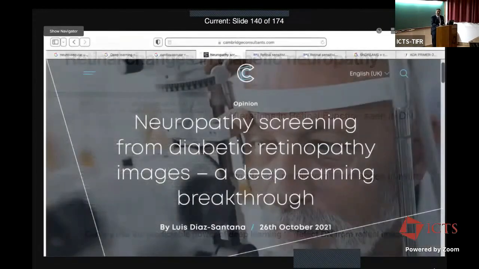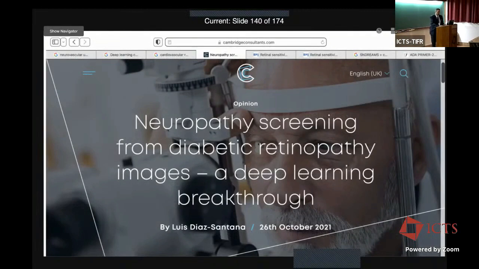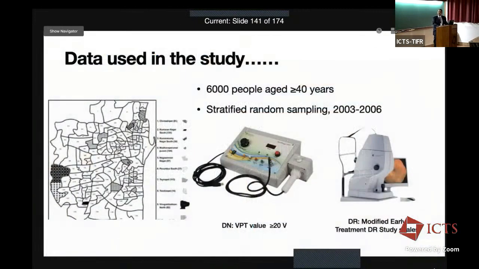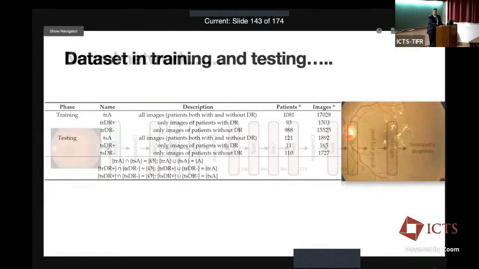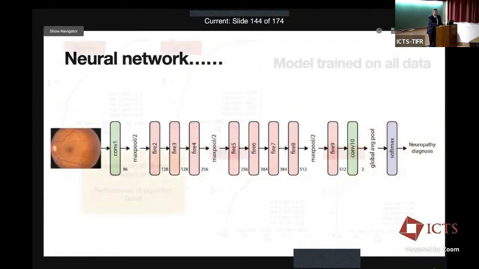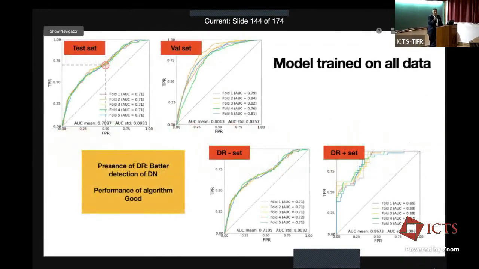And this was a blog by a Cambridge Consultant in 2021. This was from our SN DREAMS population-based study. We had these training and testing data sets. This was the neural network, and they used various combinations. They trained the model on the overall data set, where it could perform pretty well.